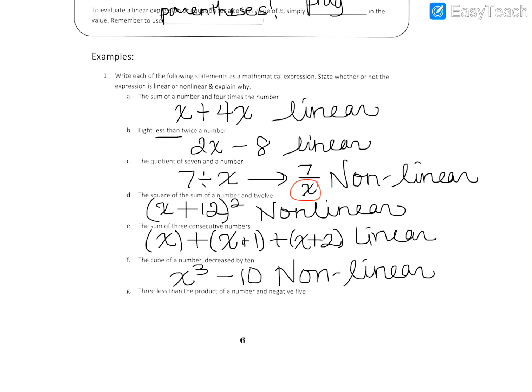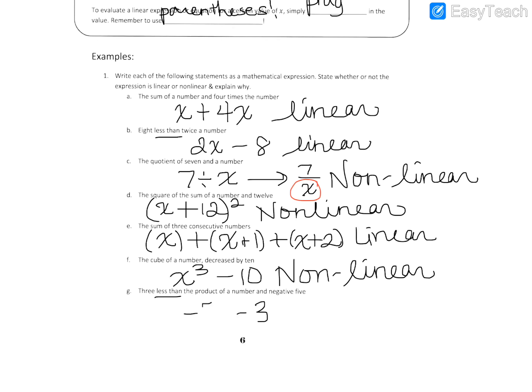Okay, letter G. 3 less than the product of a number and -5. Okay, this has that word less than again. So remember, the -3 actually comes at the end. And then here we want the product of a number and -5. Product means times. So we want x multiplying by -5.